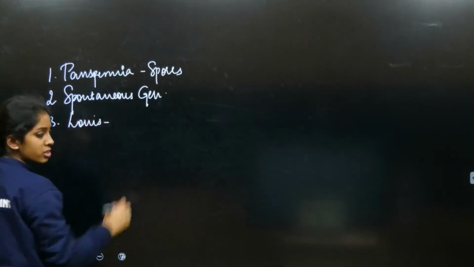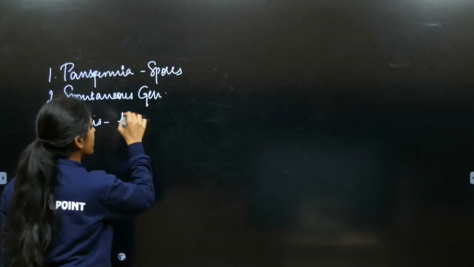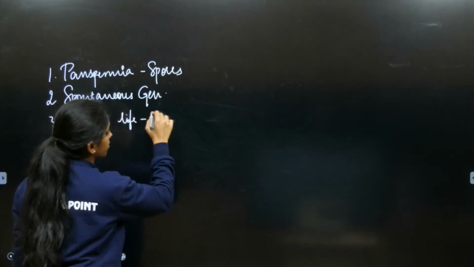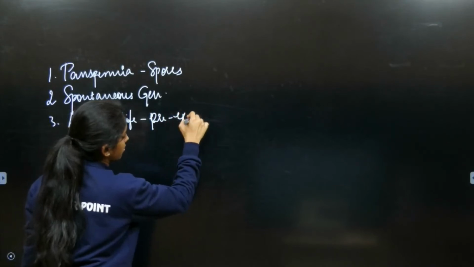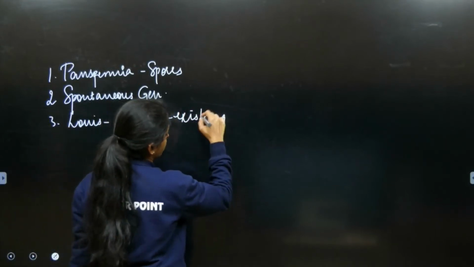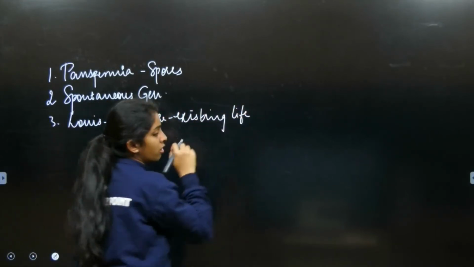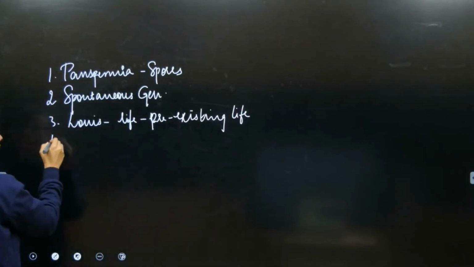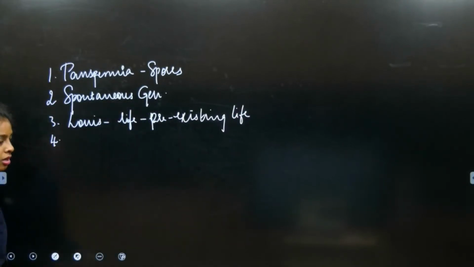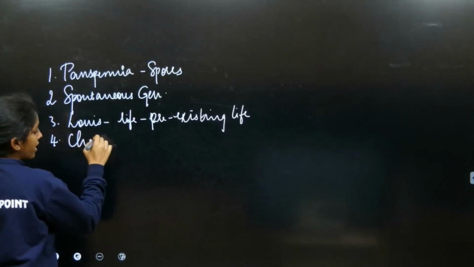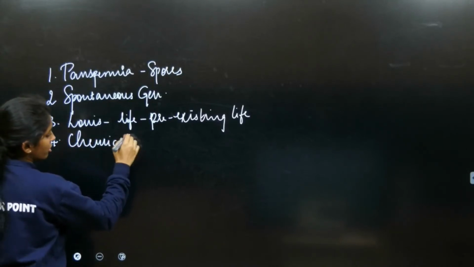Then came Louis Pasteur's theory, which said life came from pre-existing life. Number 4, it was Oparin and Haldane's chemical evolution.